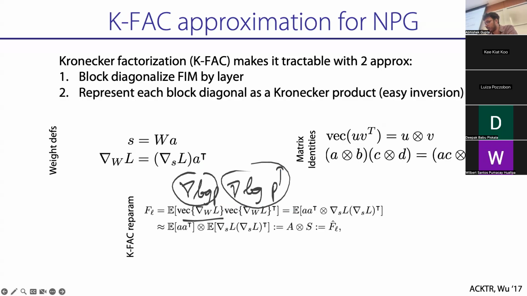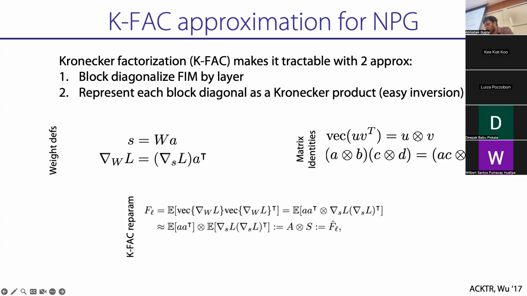And so this is going to be A cross grad LS times A cross grad LS transpose. But we're going to use the second identity for a Kronecker product, and then you can write this as a Kronecker product between AA transpose and grad SL grad SL transpose.